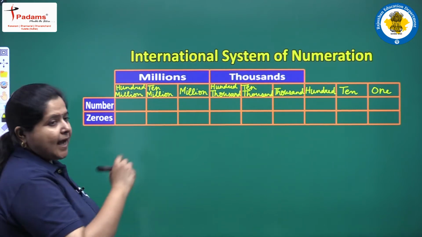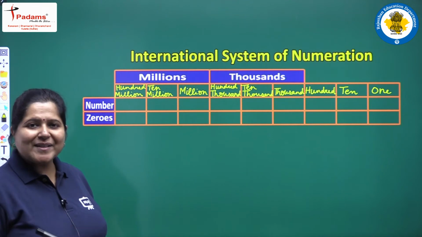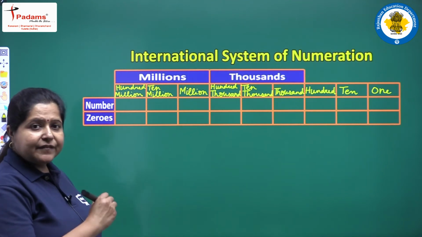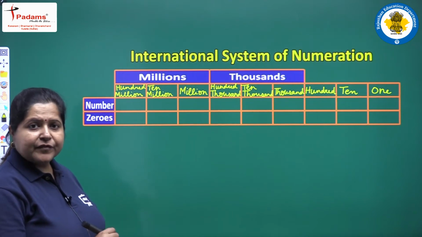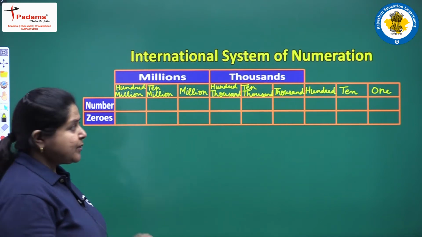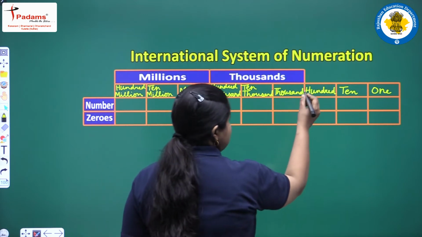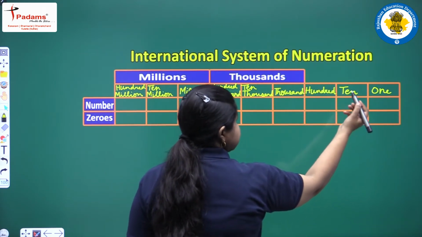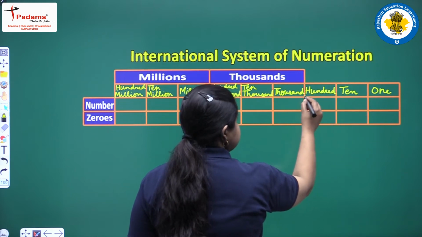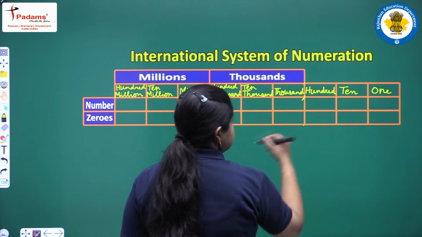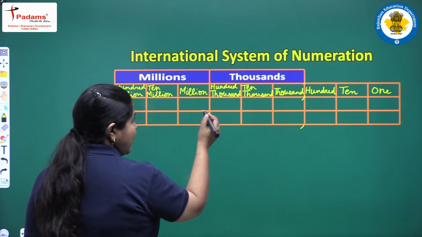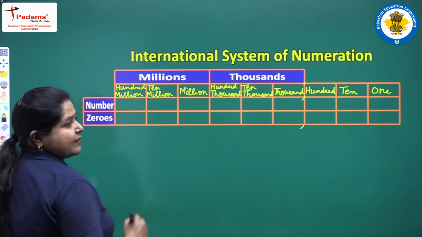So these are the place values according to the international system of numeration, and they differ from the Indian system according to the placement of commas. The first comma will be as in the Indian system, after ones, tens, hundreds. Yes, the first comma will be here. Then the second comma will be before this 100,000 place value.